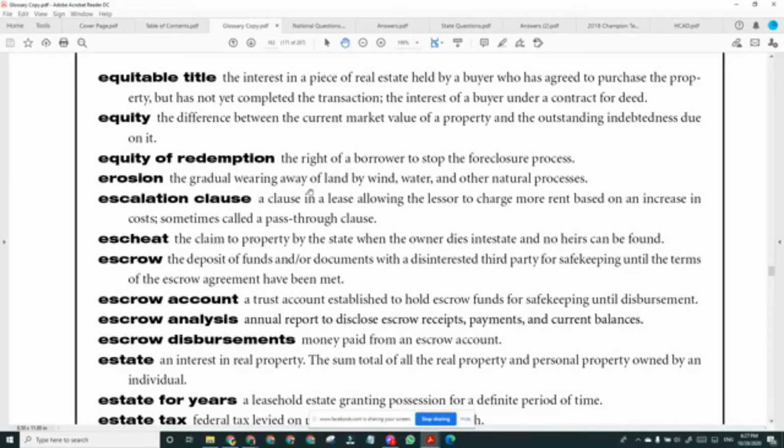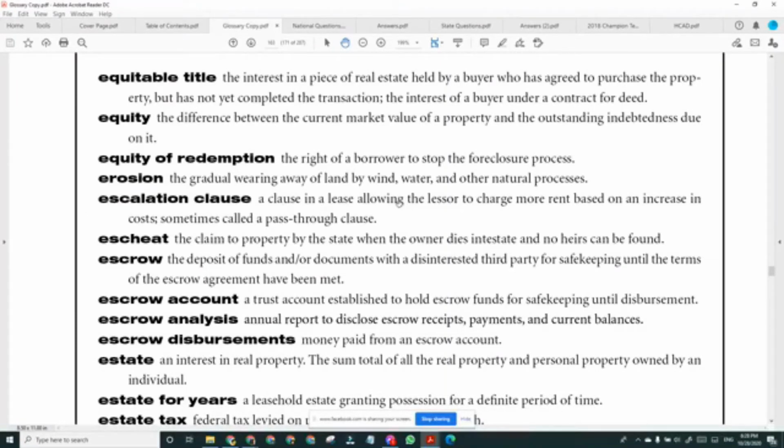Erosion, the gradual wearing away of land by wind, water, and other natural processes. So we say a piece of land erodes. Escalation clause. So the due on sale clause and escalation are similar. It's going to speed up the payment of the loan.